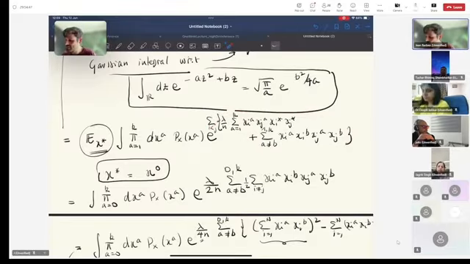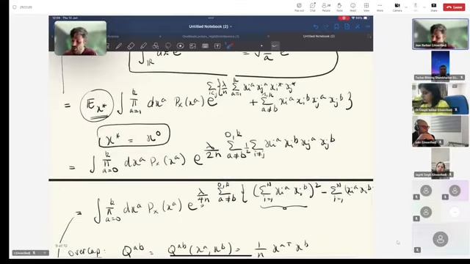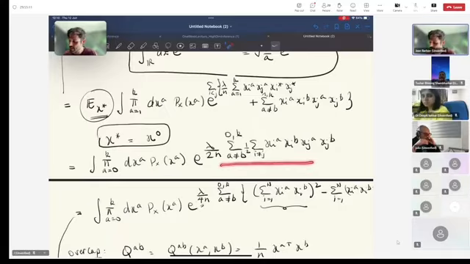So now we have terms like this, where a and b interact in a pairwise fashion, and this term where the a's interact with the ground truth x star. Calling again, just changing notation and calling x star x0, we realize that this integral can be further simplified and made very symmetric.